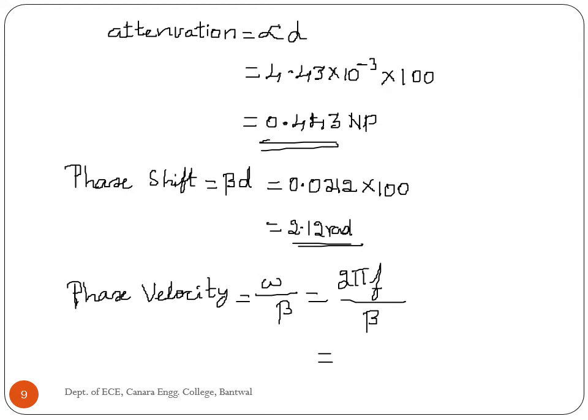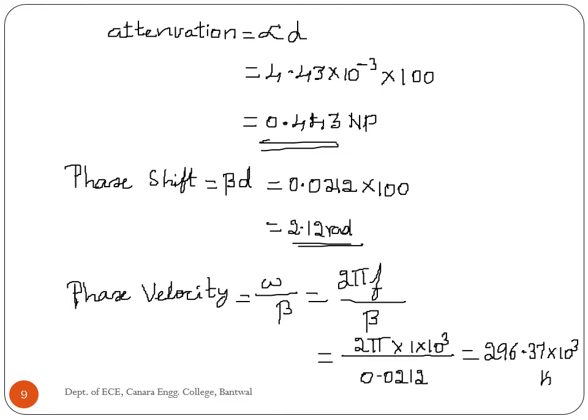Beta is 0.0212, in the numerator 2 pi, f is 1 kilohertz, which is equal to 296.37 into 10 to the power 3 kilometer per second.